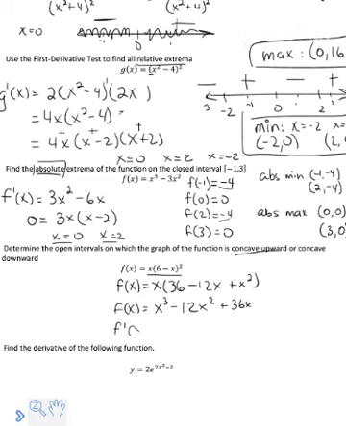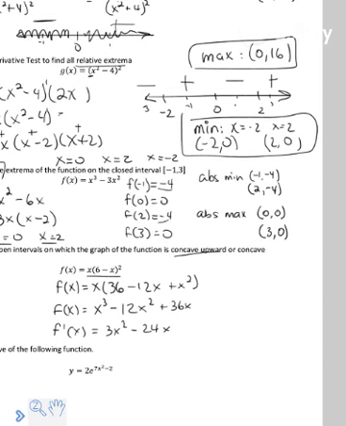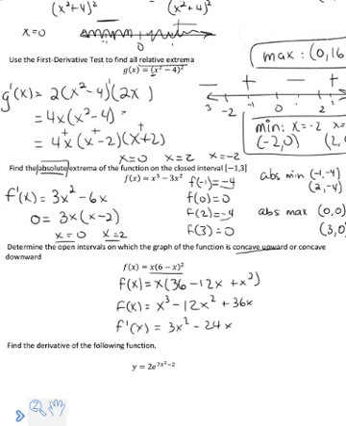F prime is 3x squared minus 24x, which means that the second derivative, f double prime, then equals 6x minus 24. And if you set that equal to 0, we get a value of x equals 4.